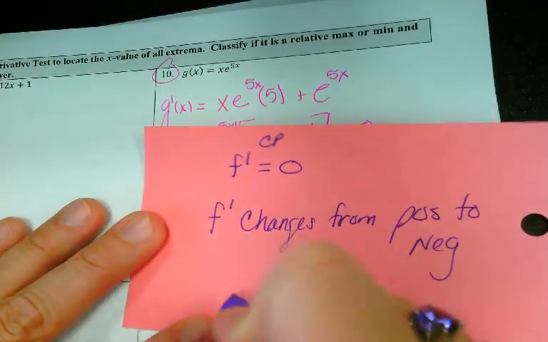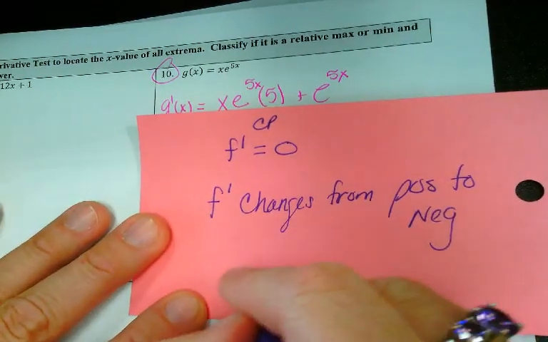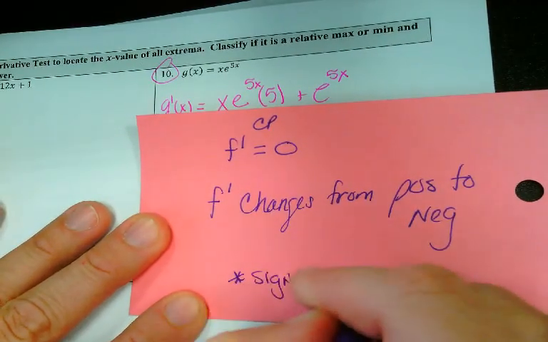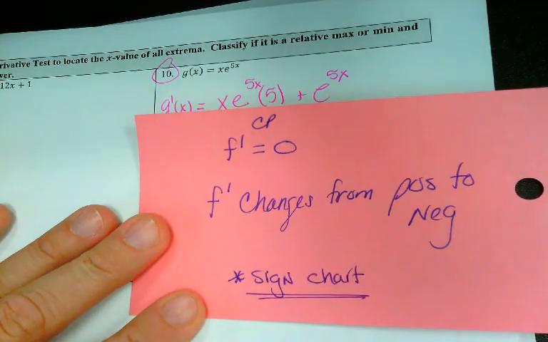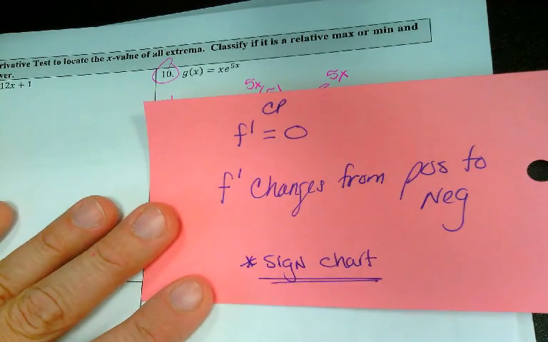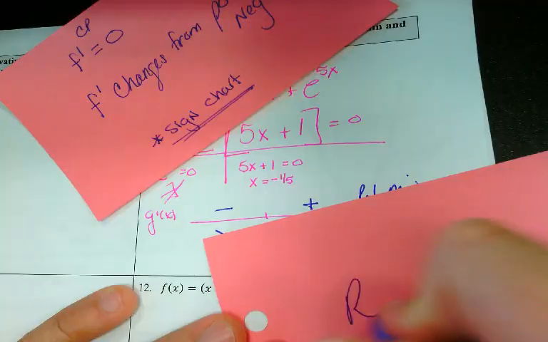I'm just going to make one more note, because after we get halfway through the year, you're going to forget these things. You also need to make a sign chart. You can't do this without a sign chart. And then I'm going to go relative min.